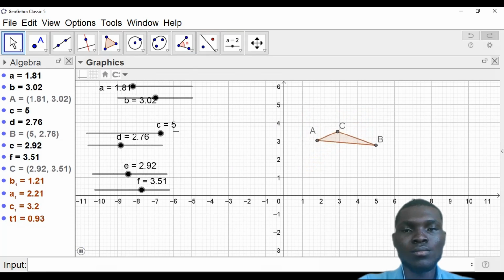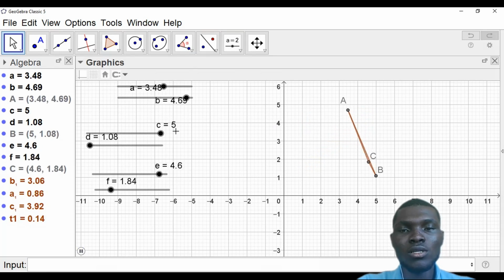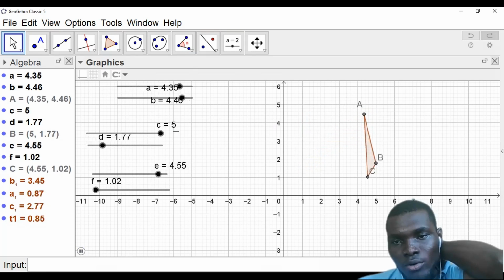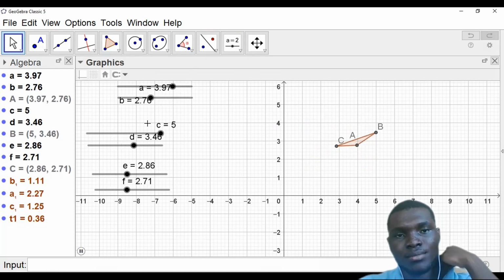Good. So this is how the three points are being regulated with respect to the sliders.